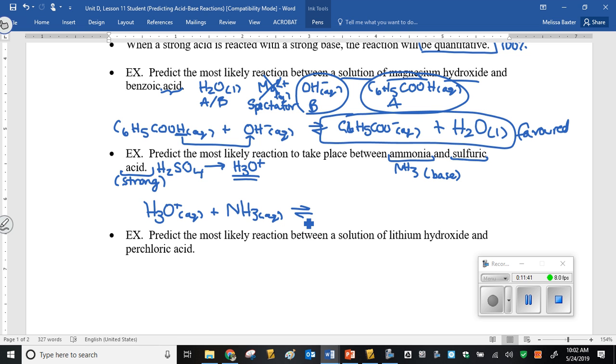Same thing will happen as before. I'm going to take a proton from the acid and donate it to the base. And if I wasn't sure what the products were, I would look at my data booklet and look in the opposite column. The conjugate base of H3O+ is H2O. And the conjugate acid of NH3 is NH4+.